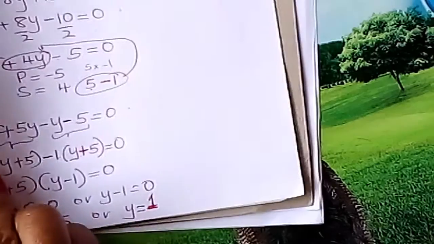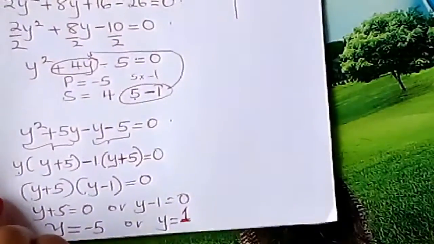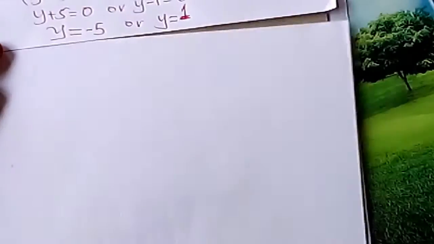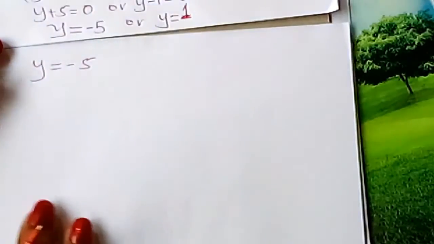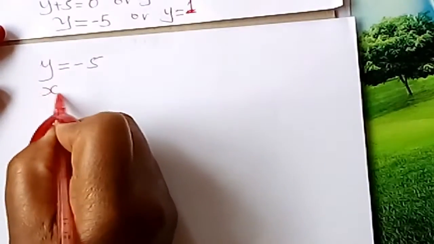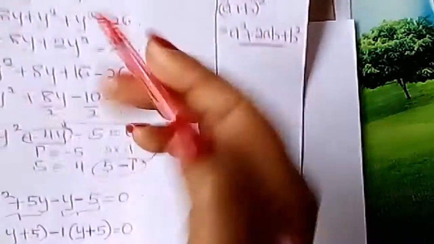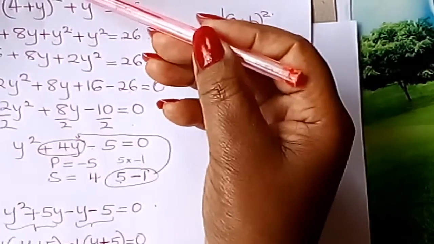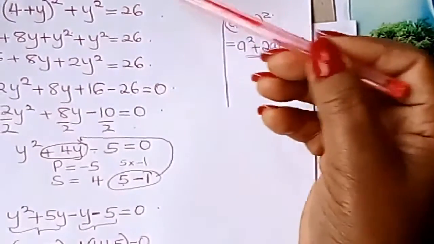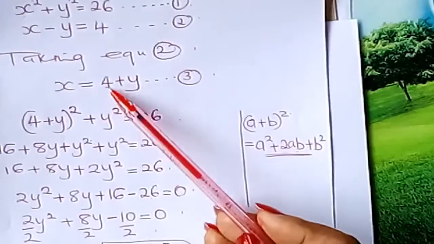How do we get our x? How do you get your x? You come and say, when y is negative 5, what is x? From our equation 2, or you can pick any other equation here, x is 4 plus y.